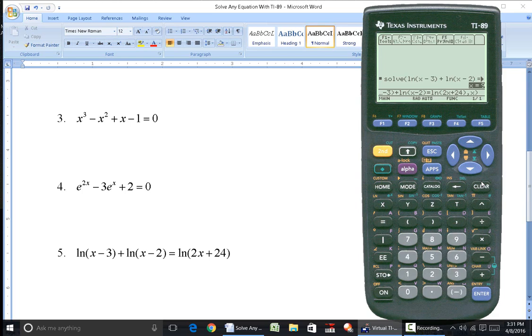But again, -2 is not going to work, because if you try to check this with -2, when you plug in -2, say in the first log here, you would get the log of -5. The log of a negative is not defined, so that's not a possible solution, even though you get x equal to -2.